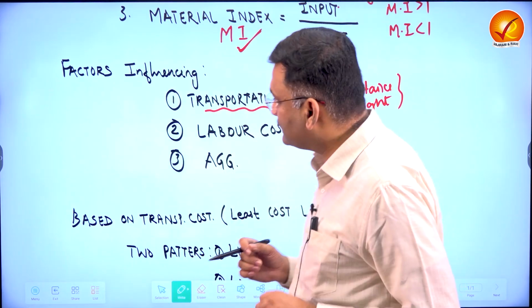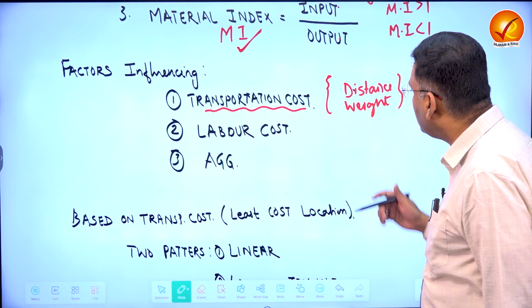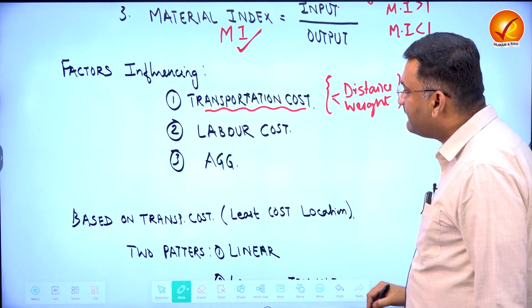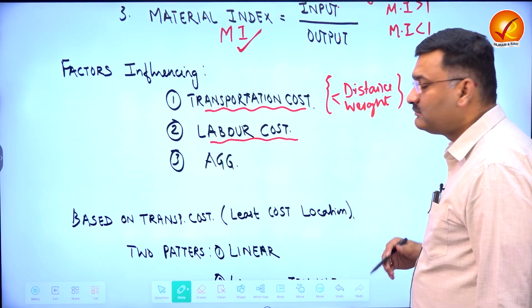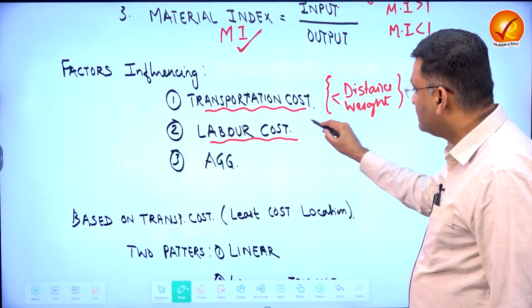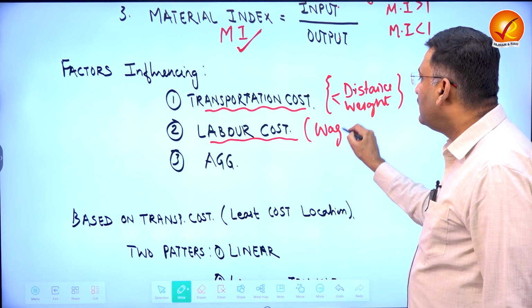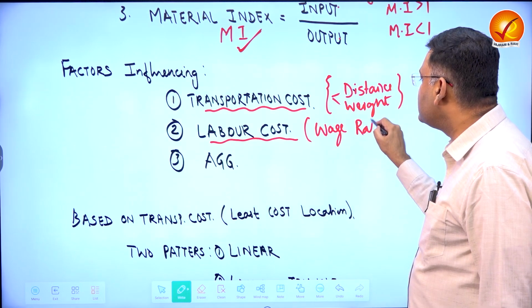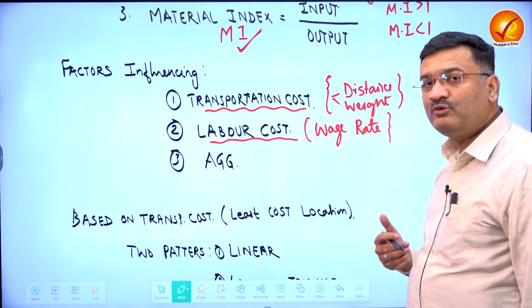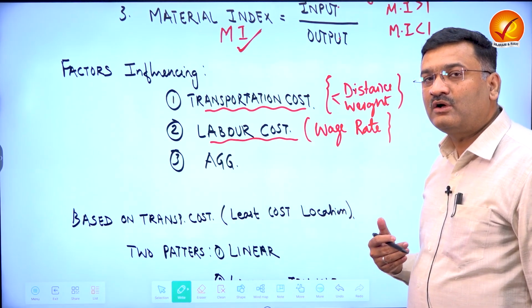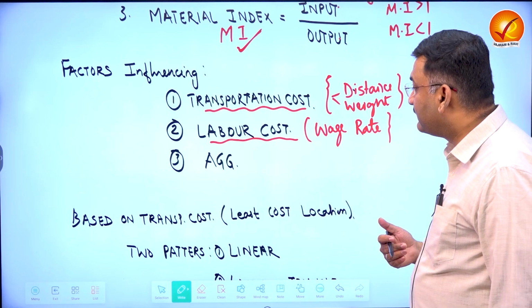So there are 2 things that determine the transportation cost: distance and weight. Next is labor cost, that is the wage rate. According to Weber, the wage rate varies from one location to another. As we move from the industrial unit, the cost of labor goes on decreasing.